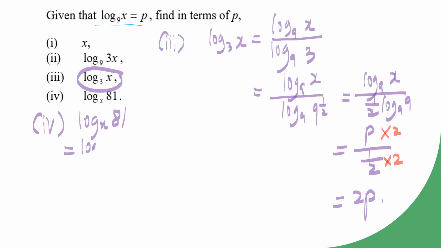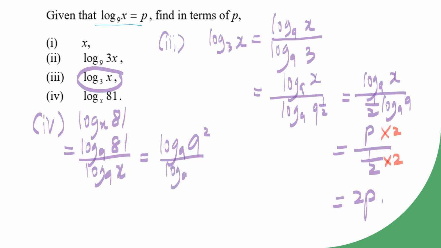So we're going to change to base 9. So it's quite easy. Okay, so 81 is 9 squared. Then you apply the power law, bring the 2 down. So that gives you 2 over p.